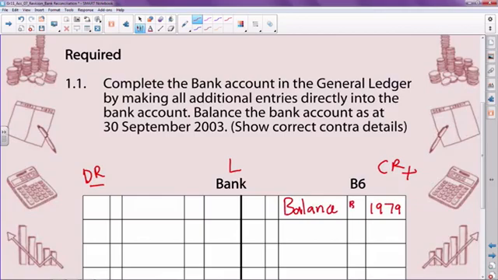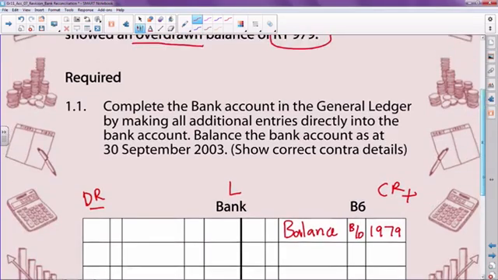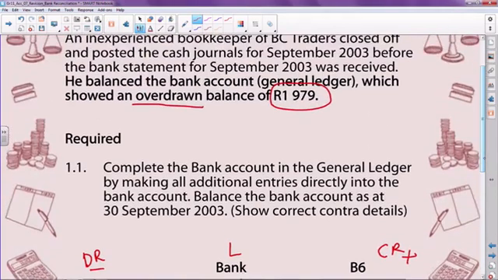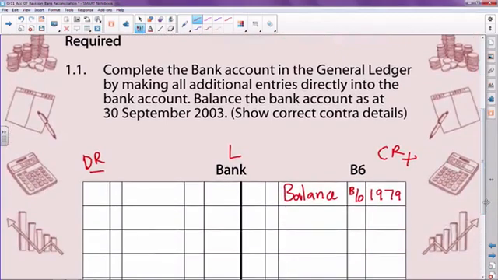So balance brought down, and remember the date is obviously at the end of the month because he's already closed off the journals. So on the 30th of September, 2003. Right, so that's our opening balance. I'm using the word opening because remember, we still have to make additional entries.